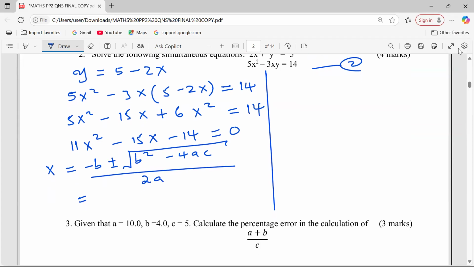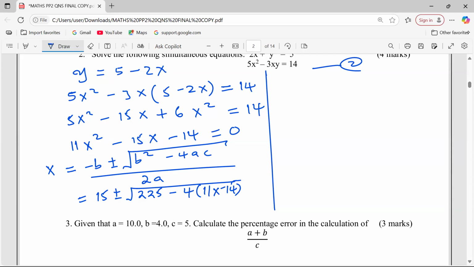Substituting in this formula, negative 15 becomes 15 plus or minus the square root of negative 15 squared, which is 225, minus 4a, and c is negative 14 that way.